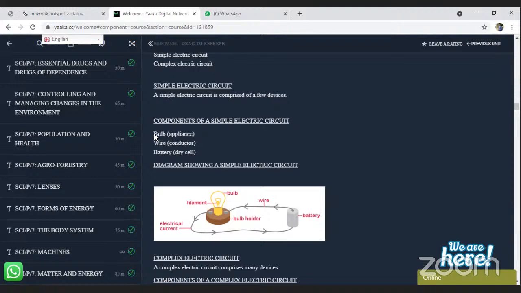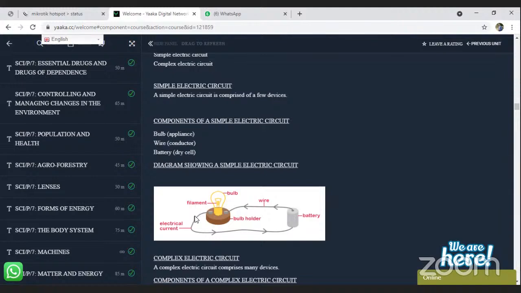The bulb, wire, and battery. So these three are components of a simple circuit. This one comprises fewer parts, but the electricity we have in our houses comprises many parts, and that one is called a complex electric circuit.